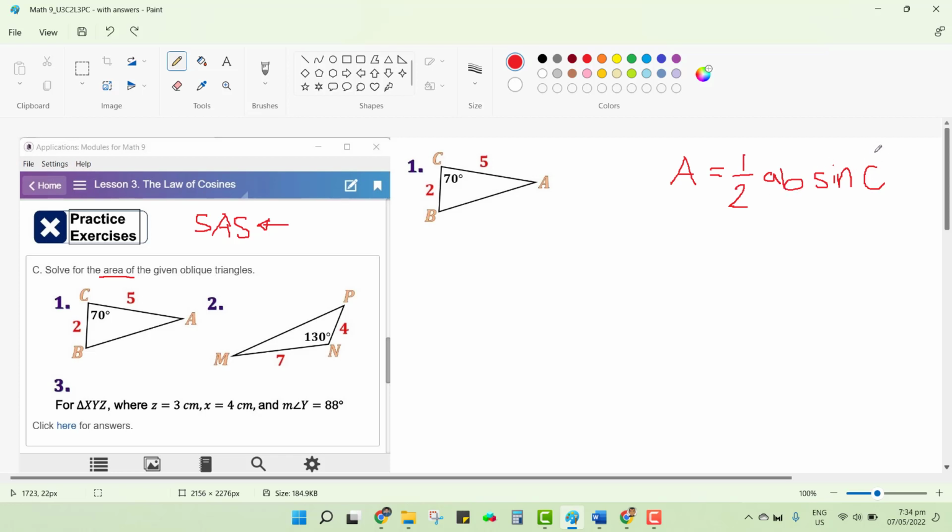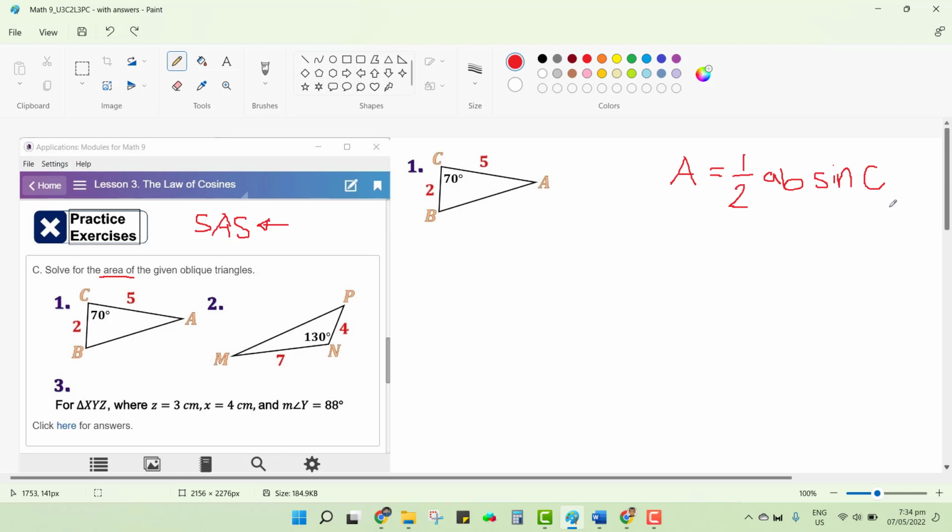And that included angle must be a letter or annotation that is obviously not related to any of the sides here. If this is AC, then definitely your angle here is B. If this is BC, your angle here must be A, and so on and so forth. Please apply whatever changes or that connection later on.